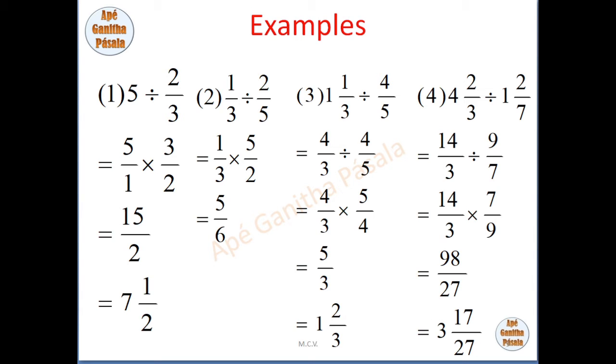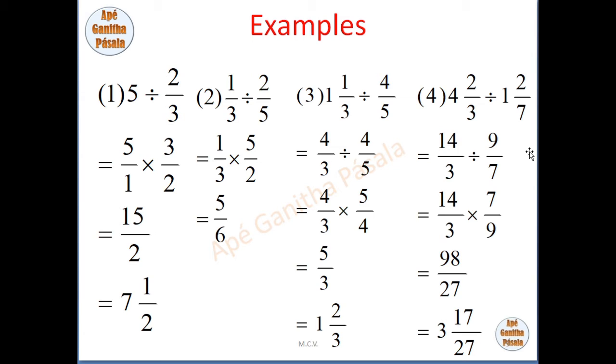Look at the fourth problem. In that one, there are two mixed numbers. What you have to do first is convert both mixed numbers into improper fractions. How to convert into improper fractions? Multiply the denominator with the whole number. 3 multiplied by 4, 12. 12 plus 2, 14. Then the improper fraction is 14 over 3.